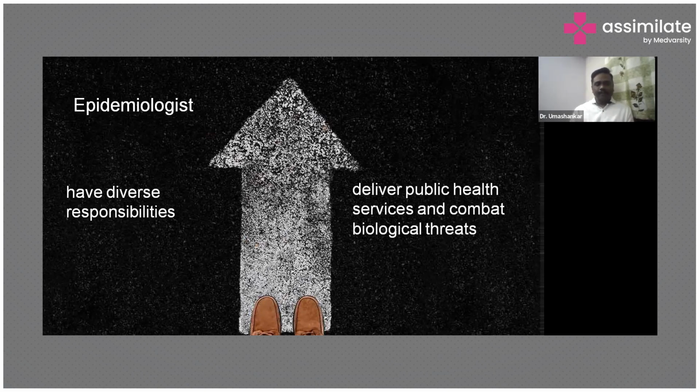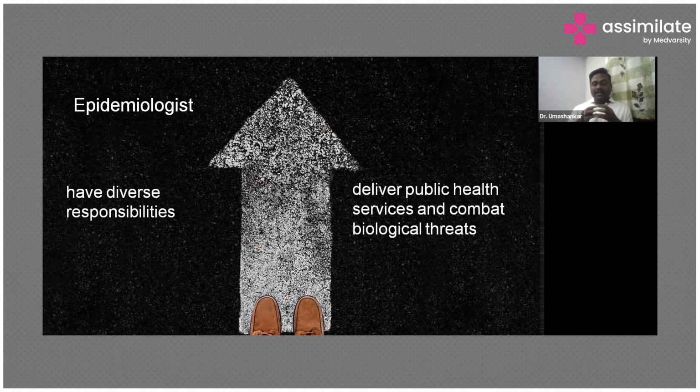Similarly, epidemiologists have diverse responsibilities in collecting information, analyzing data, communicating that to the people, and getting evidence-based policies done. All these diverse activities are to deliver good public health service and to combat the biological threats, or public health threats, to the community, and control and prevent them. That is the main role.